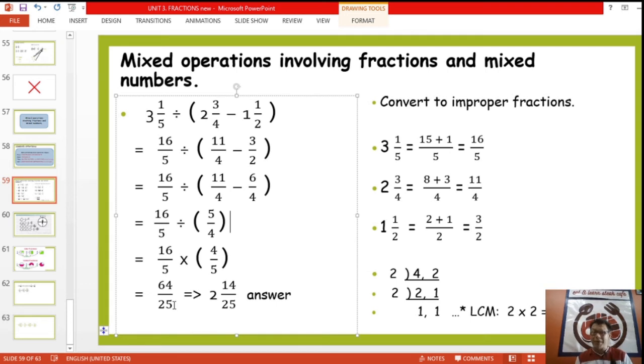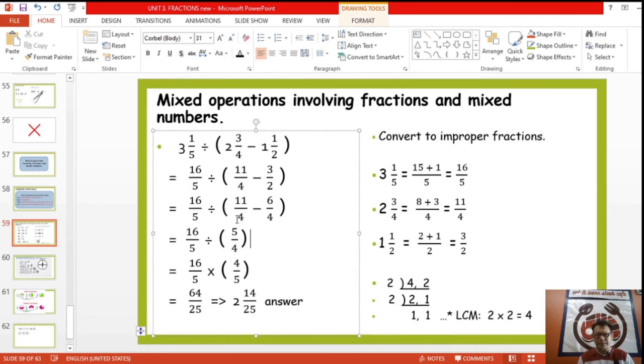Oh, you want me to do that one again? Okay. Let's do this. I'll show you how to get this answer. Before that, try to think whether you can simplify this.